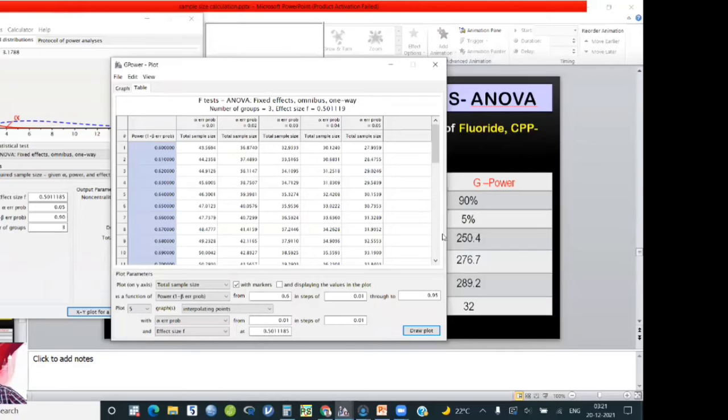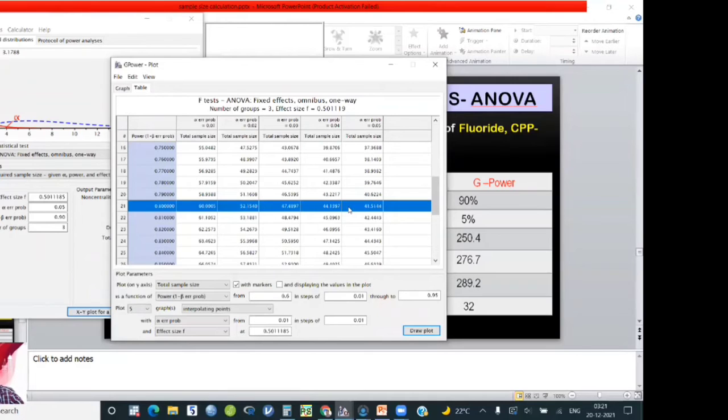See here, for 80% power, if alpha value is kept at 0.01, the sample size is 60, and for 5%, the sample size is 41.514. So a student who cannot afford much can keep the sample size at 42.